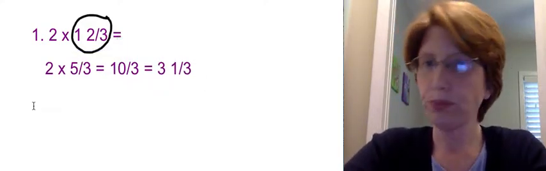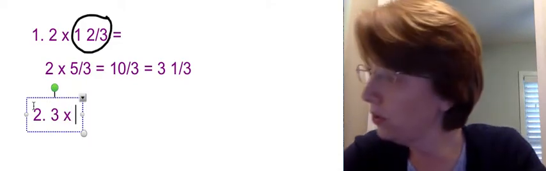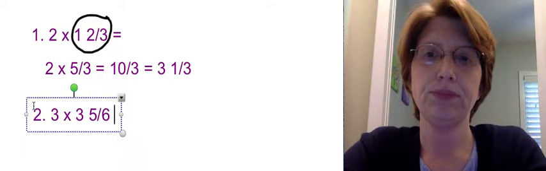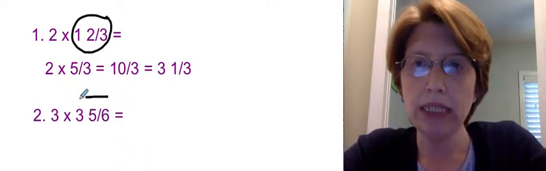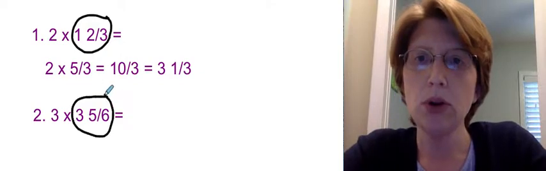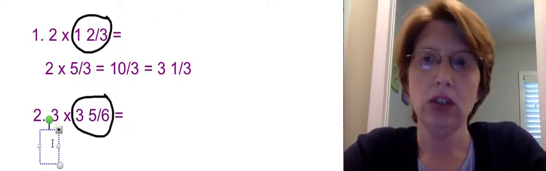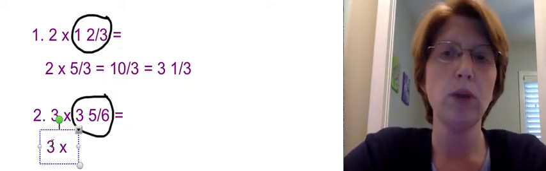Number 2. 3 times 3 5/6. First step, I have a mixed number here. This mixed number has to be changed. Okay, so let's keep the 3 the same. Times, now let's change this to an improper fraction.